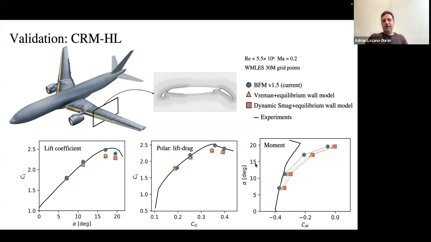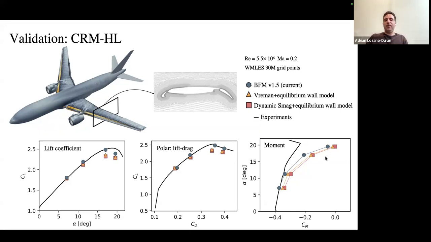And the moment is one statistic that is really showing problems with the model. So here, the angle of attack is in the vertical axis, but you see the moment, this is the pitching moment, so how the nose tends to go down. For high angle of attack, actually, it's true that we push the solution in the right direction, but all the models, to be honest, are quite off.